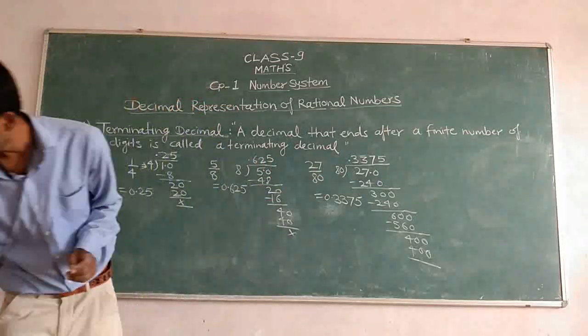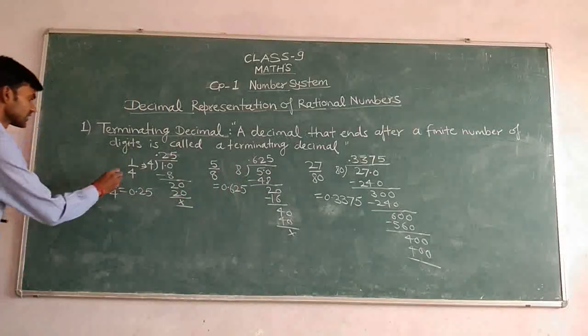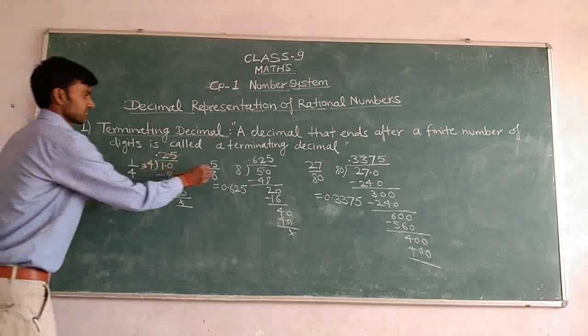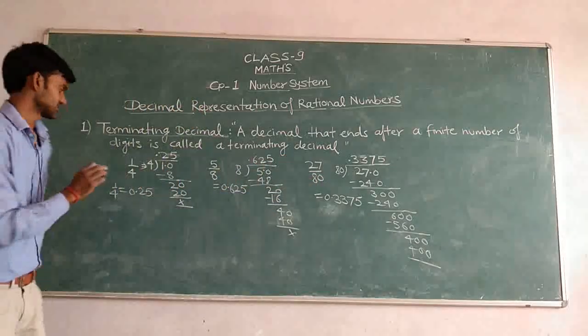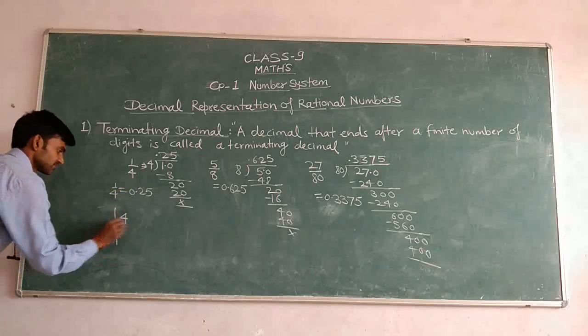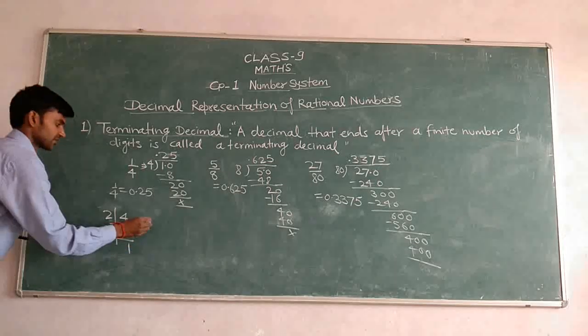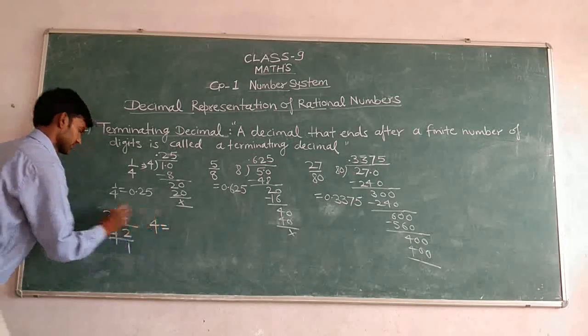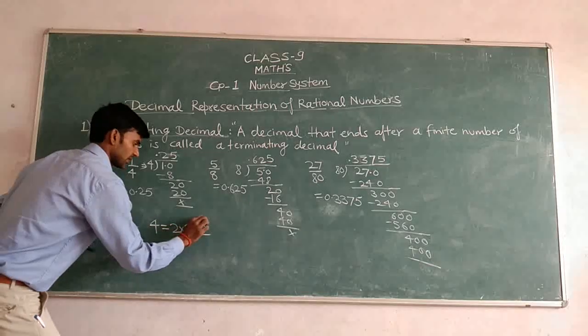Look at an important rule for terminating decimals. Look at the divisor or denominator in all the cases. Here the denominator is 4. You can write 4 is equal to 2 into 2, or 2 to the power 2.